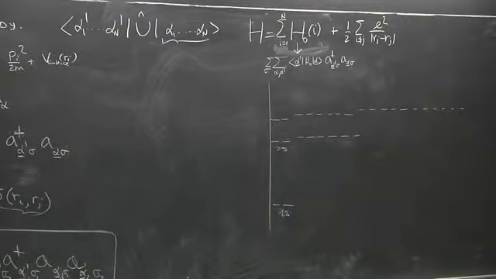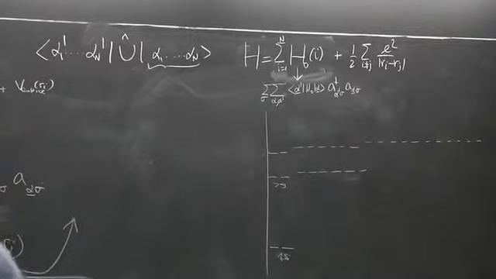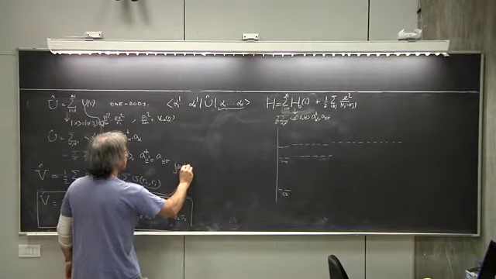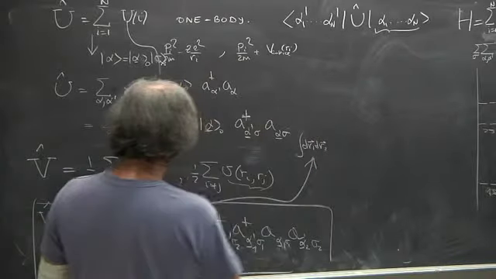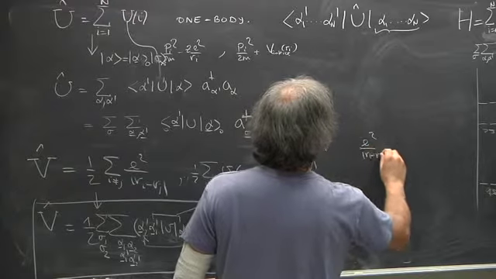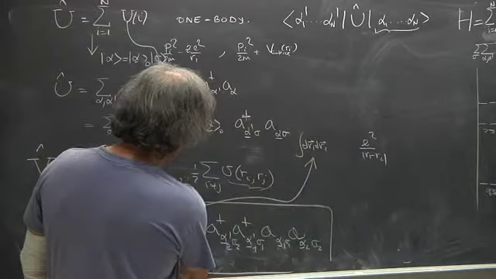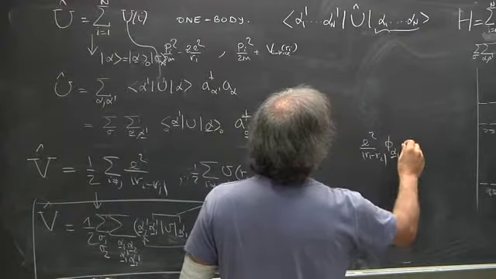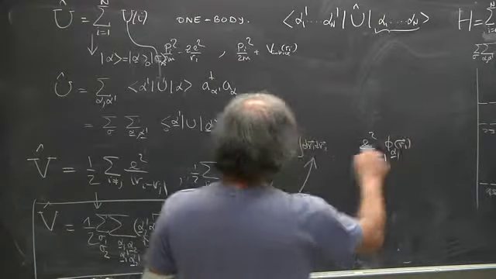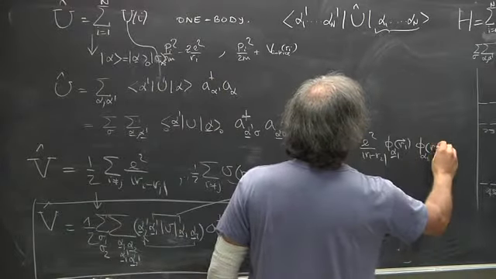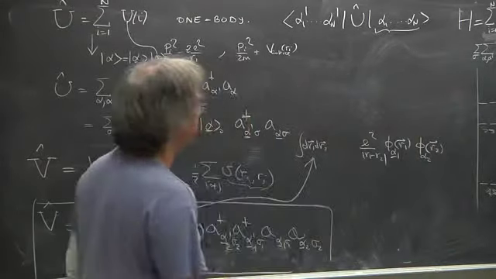The matrix element that I have here, for completeness, is simply the integral over the two variables, R1 and R2, of e squared over |R1 minus R2|. And you see, this is phi alpha 1 of particle 1, and this is phi alpha 2 of particle 2.